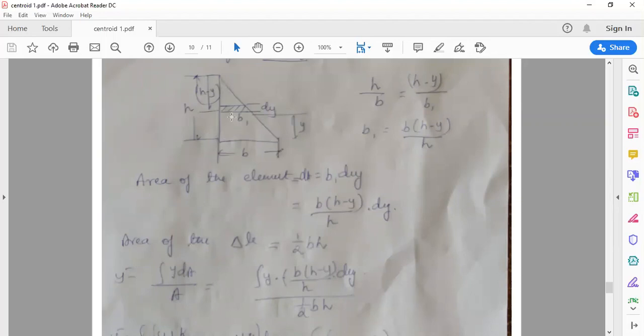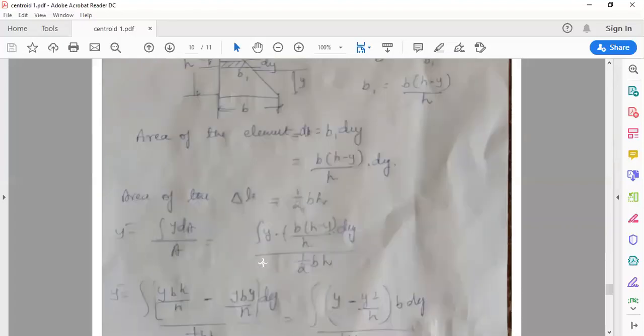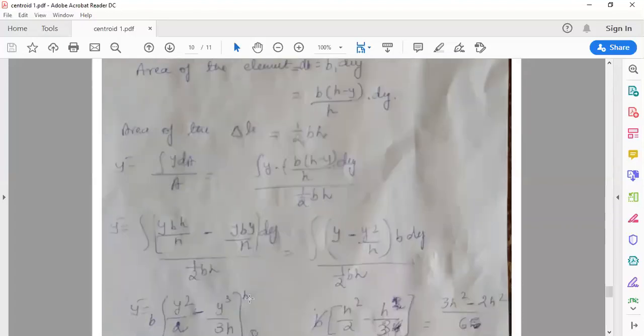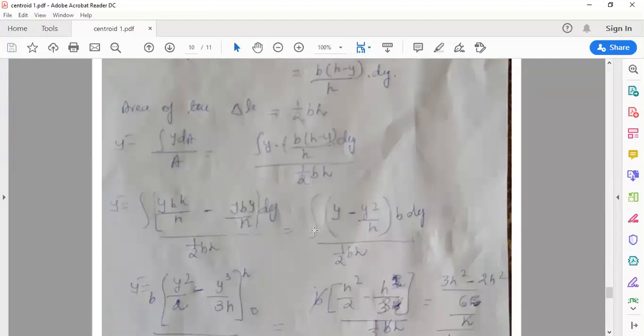So the limit for y varies from this point to this point, that is from 0 to h. So the limit for this integral varies from 0 to h.